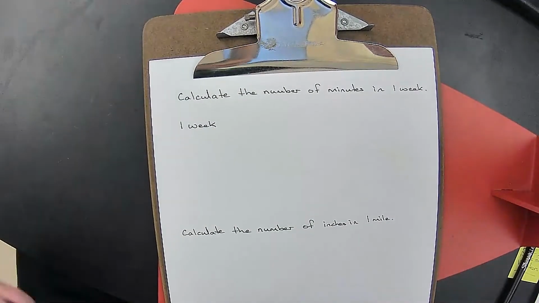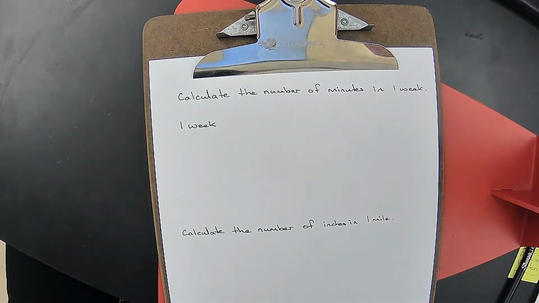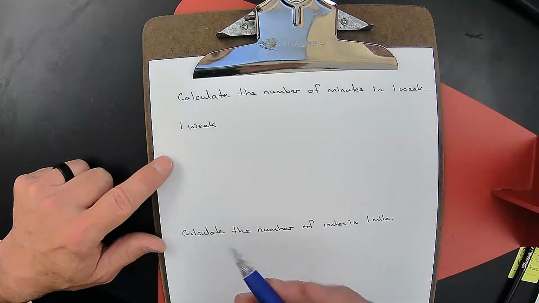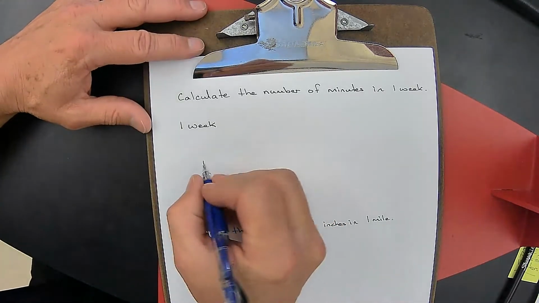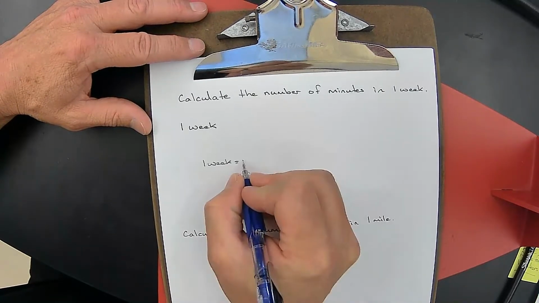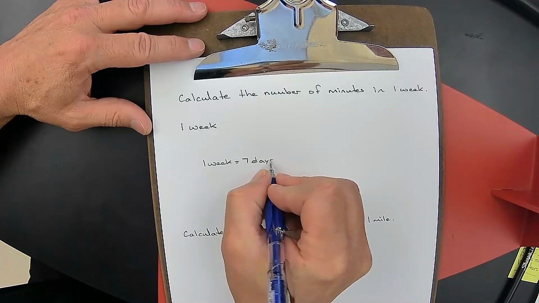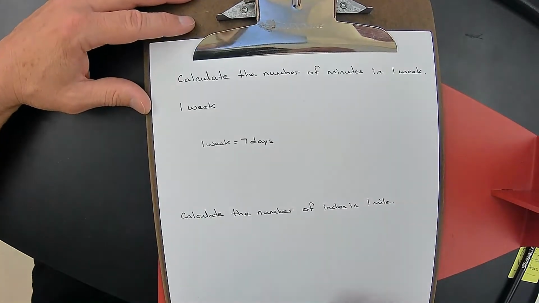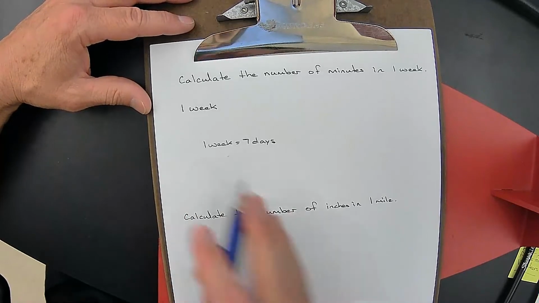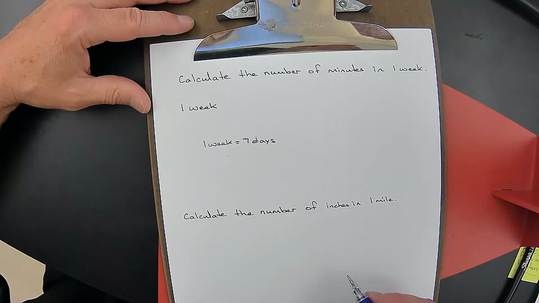The first conversion factor that I'm going to use during this process is, I don't know how many minutes are in a week, but I do know that 1 week is equal to 7 days. Sometimes the conversion factors we will need to look up, but sometimes we will know them from common knowledge.